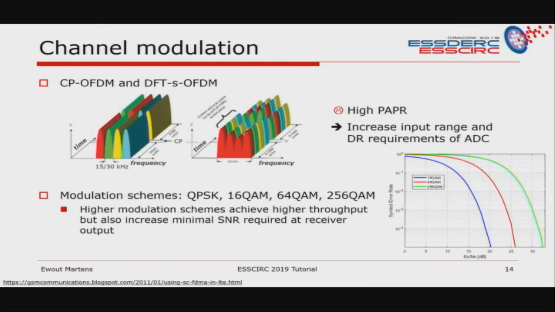Several modulation schemes are defined, different QAM up to 256 QAM, and based on that you need a certain signal to noise ratio to receive it with a certain reliability. So from that you can then in the end derive how accurate your ADC should be.